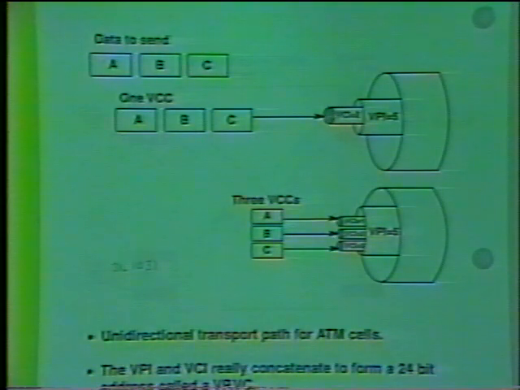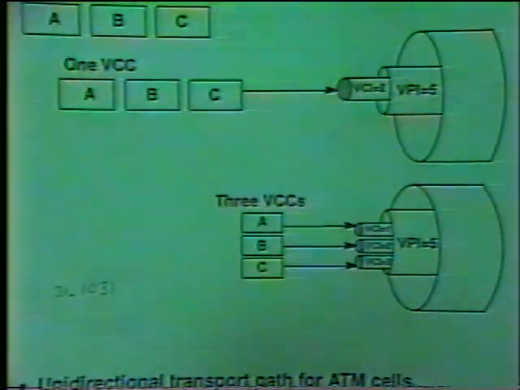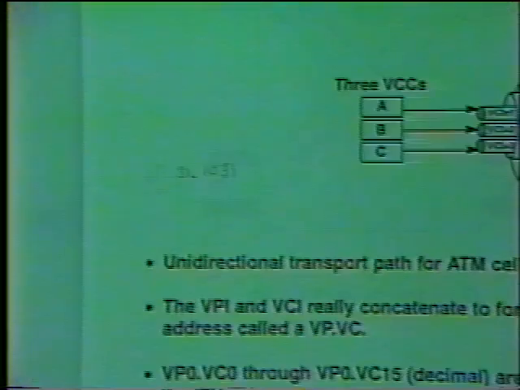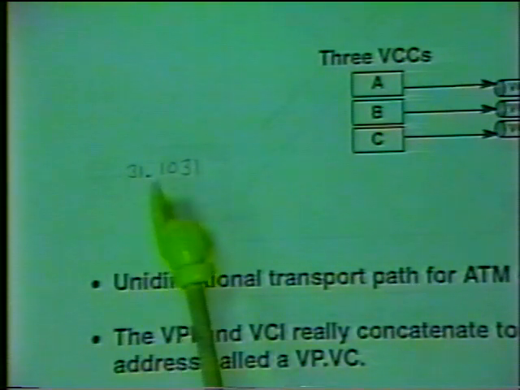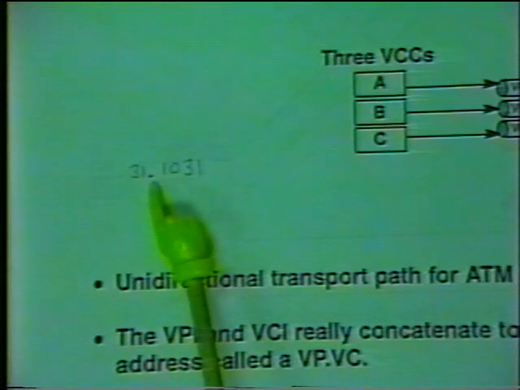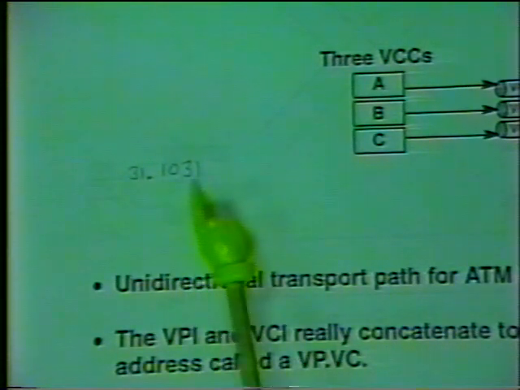And virtual channels and paths. I don't know if you can see this very well. Let me try and zoom in on it here. This is something I wrote down. Virtual channels and paths are always specified by the virtual path, and then there's a period or a dot, and then the virtual channel.